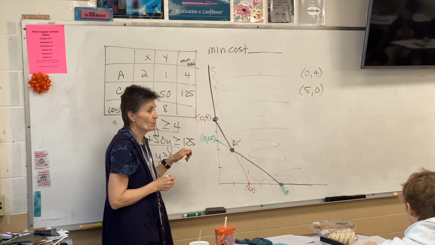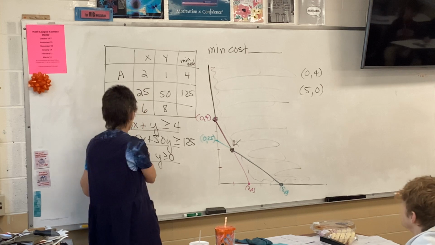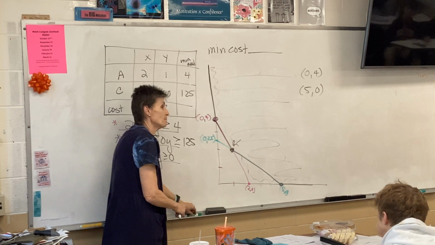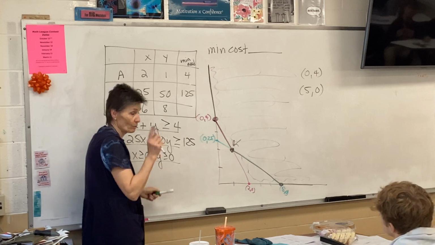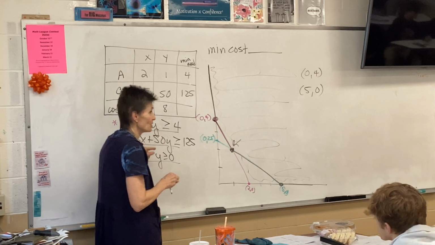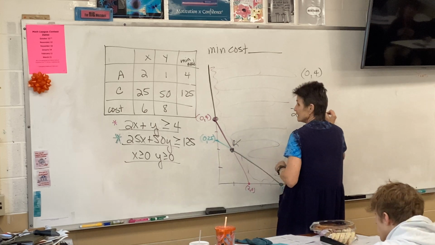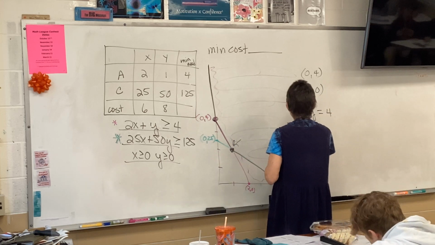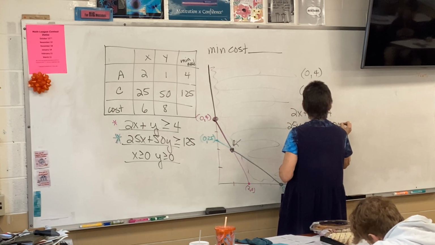And how do I find where pink and green cross? I substitute or eliminate with, or Cramer's rule, with my 2 equations. So 2x plus y equals 4. 25x plus 50y equals 125.